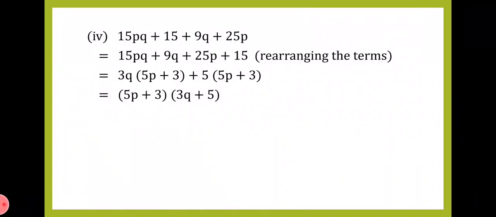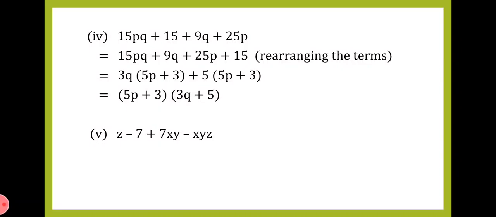Question number 5, that is z minus 7 plus 7xy minus xyz. Again, looking at the question, you can see that if we are not rearranging the terms, in the first two terms we have nothing as common, and in the second two terms if we take out common, then also both brackets will not be equal.